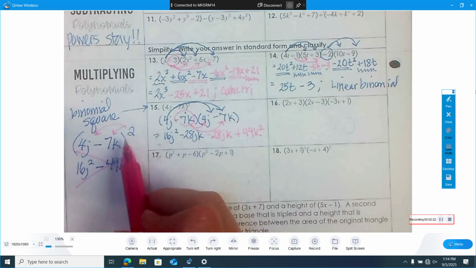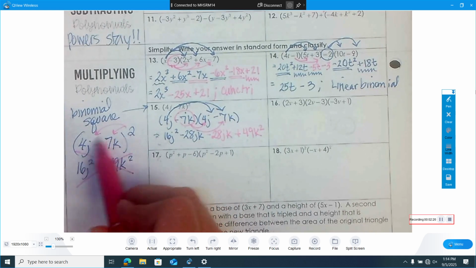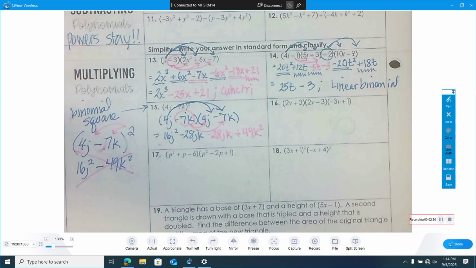We cannot distribute the power because there's a subtraction or addition in between. If it was all a product, like what we did yesterday, if it was just multiplication, can you then distribute the power? Yes. But it doesn't distribute across addition and subtraction. You got to write it out.